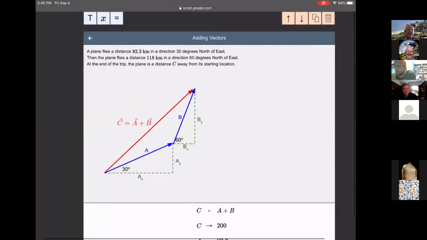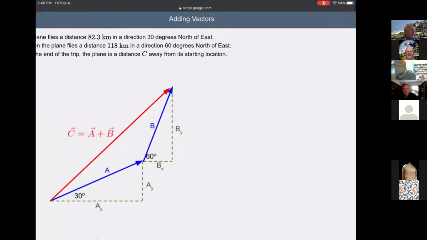Okay, so big picture here is they're trying to teach you some mathematics. Oh, I lost your screen. Wait, I thought you were going to put on your screen. Yeah, I am. Sorry, let me just write down some numbers though. Do you need me to put it back on? Yeah, if you put it back on. 30 degrees north of east.